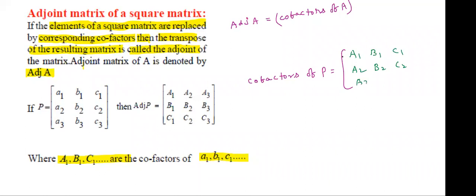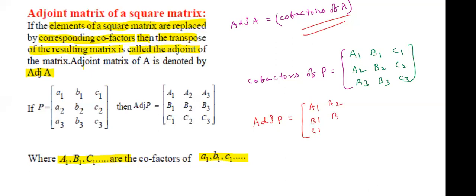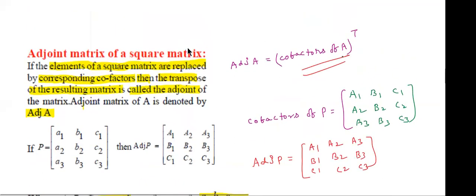Next, A3, B3, C3. This is cofactors of P, but we need the adjoint of P. Adjoint of P is equal to cofactors whole transpose. Then apply the transpose: A1, B1, C1 in the first row, A2, B2, C2 in the second row, and A3, B3, C3 in the third row. Cofactors whole transpose is called adjoint A.